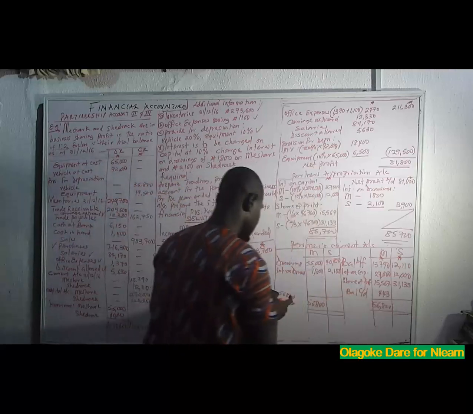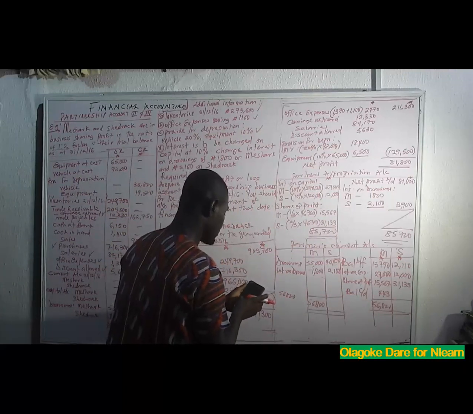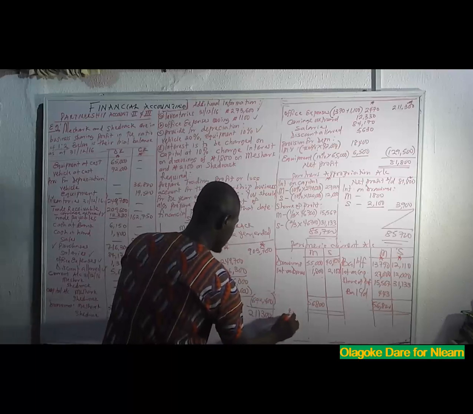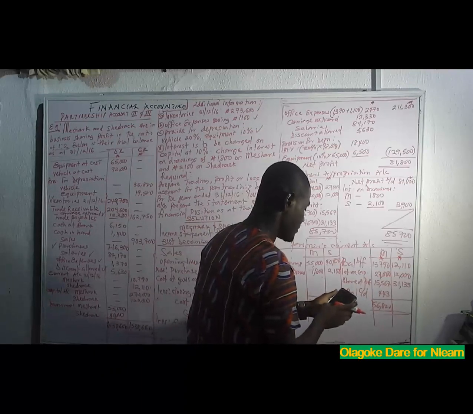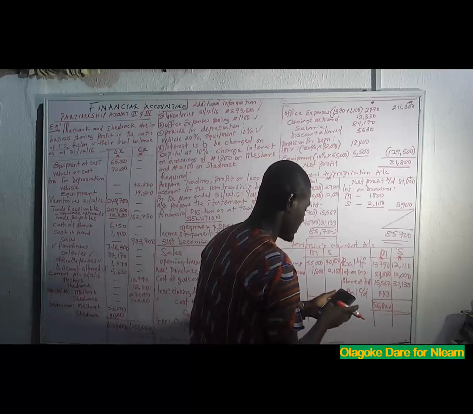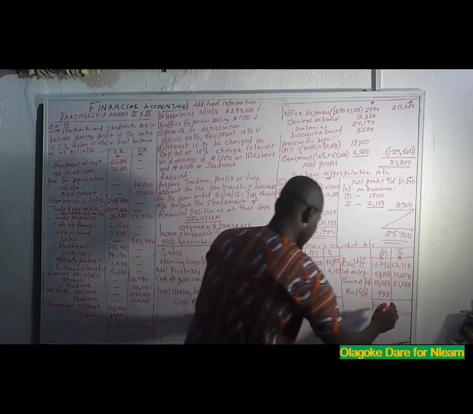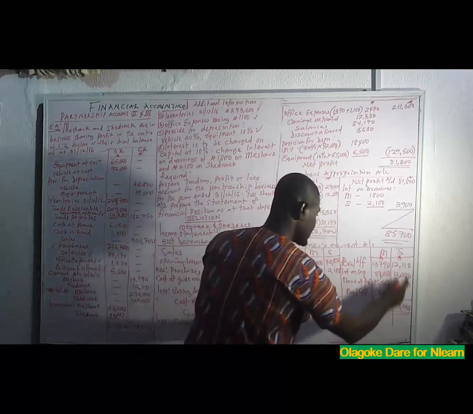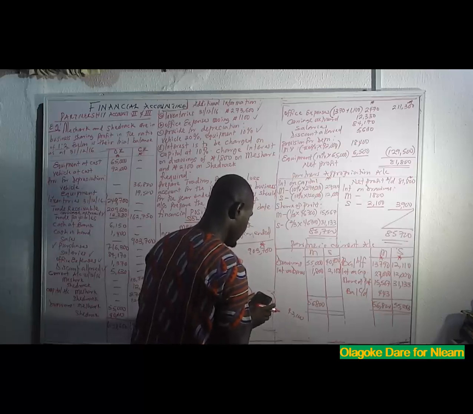All right, so let me do the same thing for Shadrach. I have 40,000 plus 2,100. For Shadrach, I have 42,100. Let's do the other side. I have 12,110 plus 12,000 plus 31,133. So this side is greater. I have 55,243, which means this side is greater than 42,100.